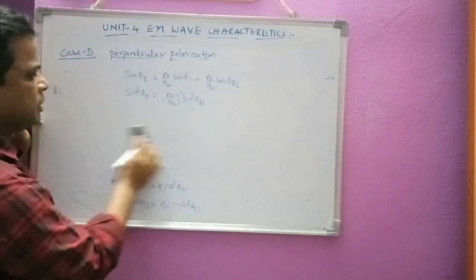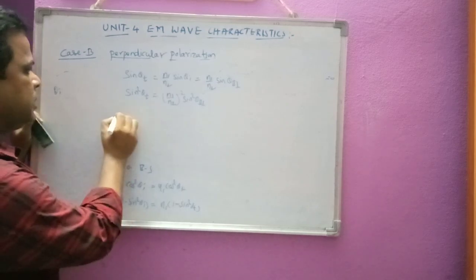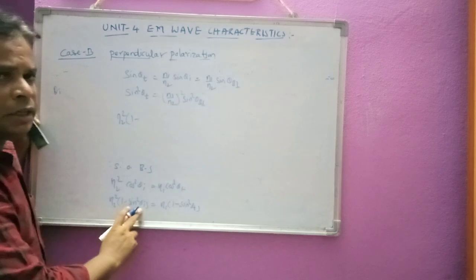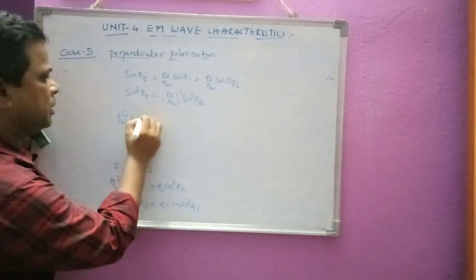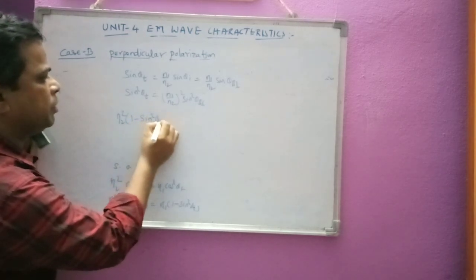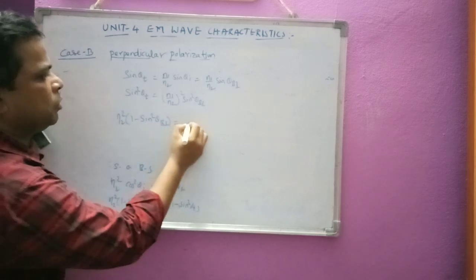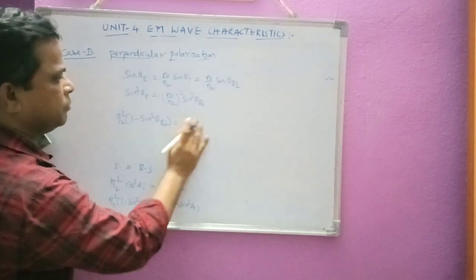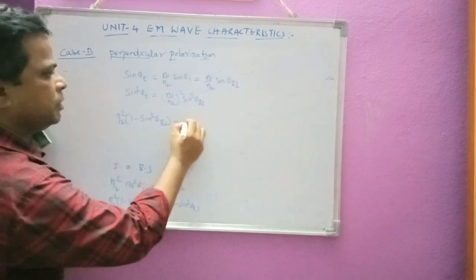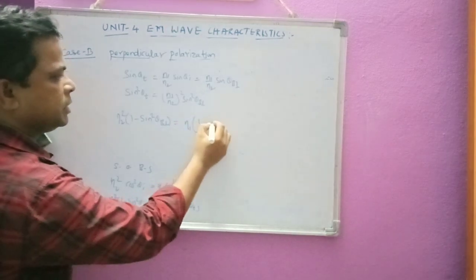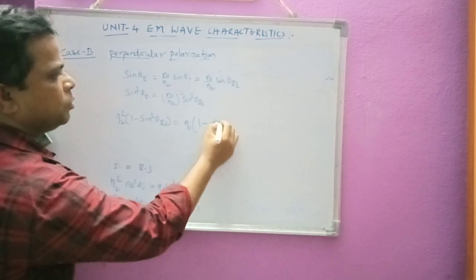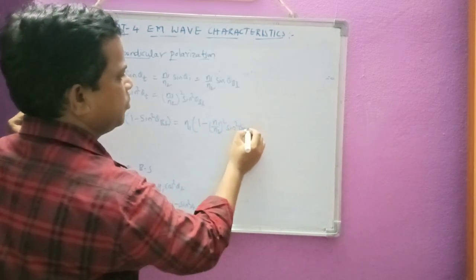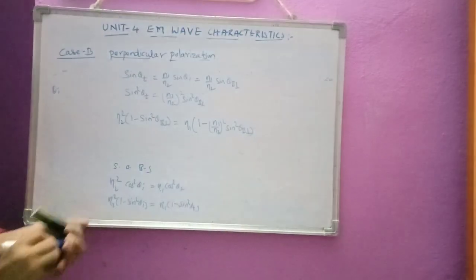So substitute that in this equation. What I get is eta 2 square into 1 minus sin square theta B perpendicular, equal to eta 1 square into 1 minus n1 by n2 whole square into sin square theta B perpendicular.